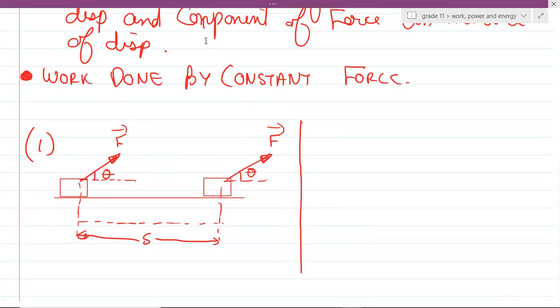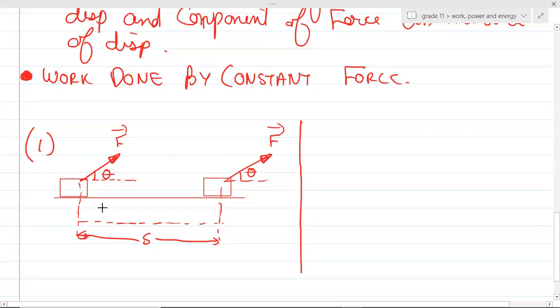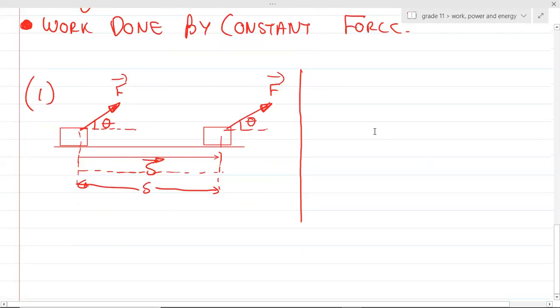Yeah, let me draw the displacement vector as well. So, guys, are you able to see two different vector quantities? There is this force vector and then this displacement vector. Yes or no, guys? Yes, sir.